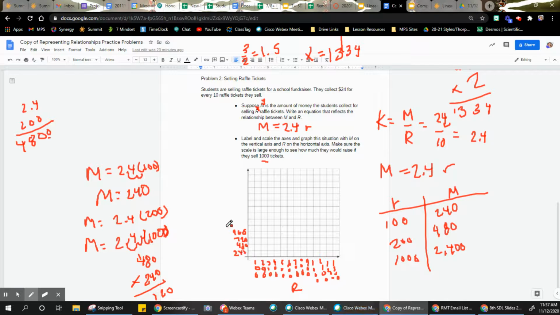And then 960 plus 240 is 1,200. And then that's going to be 1,440. Then 1,680. And then 1,920.